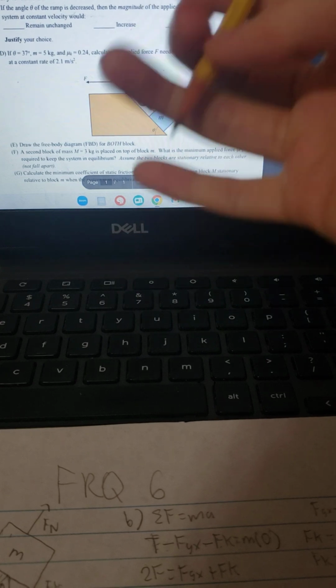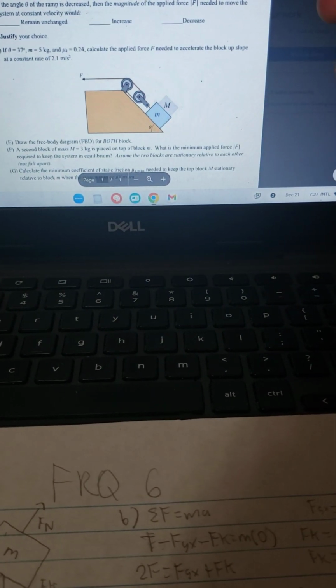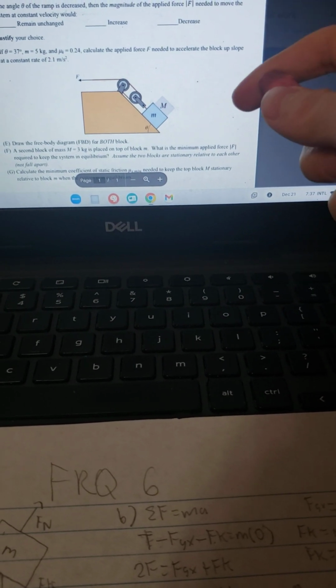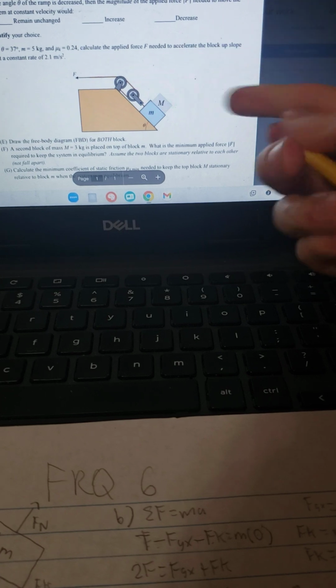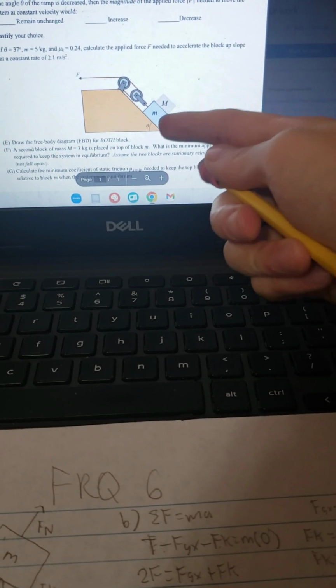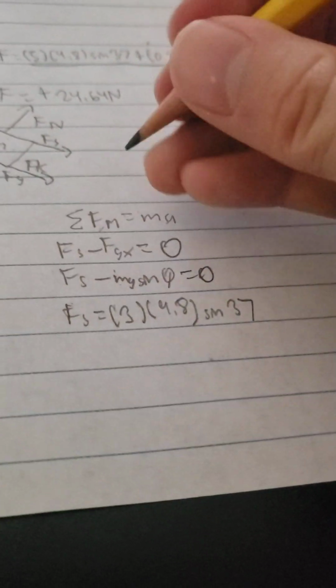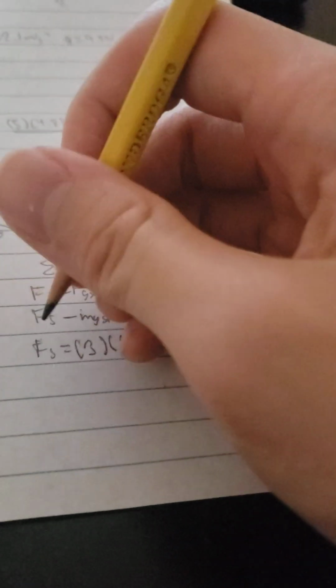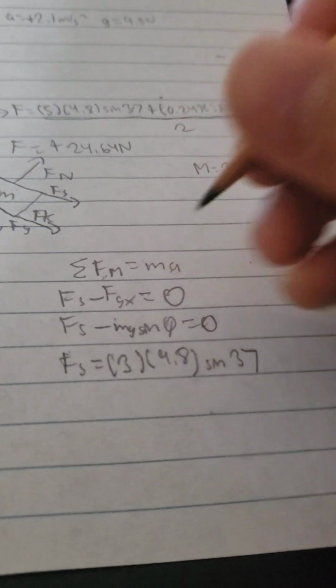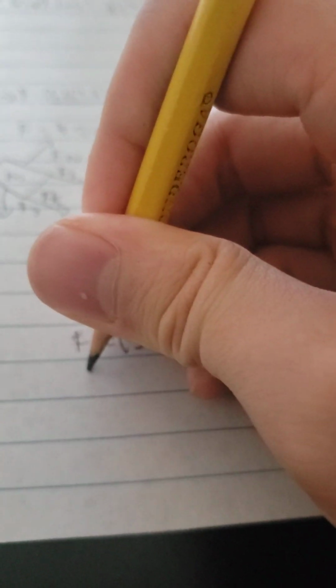So if f of s is bigger, the top box would stay, so there's enough friction to make sure the top box doesn't fall off. Hopefully that makes sense.